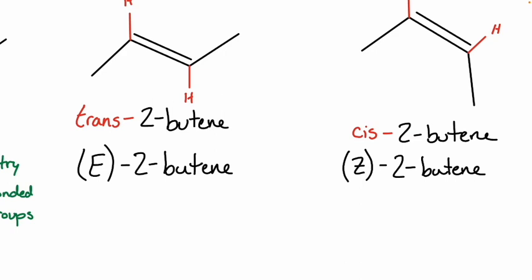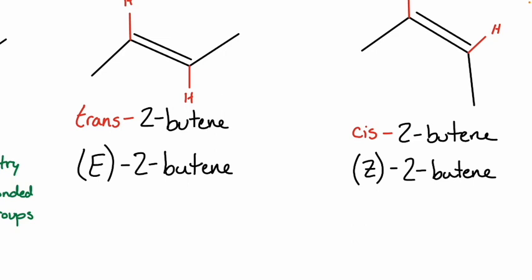All right, so we had R and S for chirality. We're going to have E and Z for our double bonds. Okay, both types of stereochemistry, but not quite the same, right? An alkene doesn't have chirality. There can't be bound to 4 different groups.